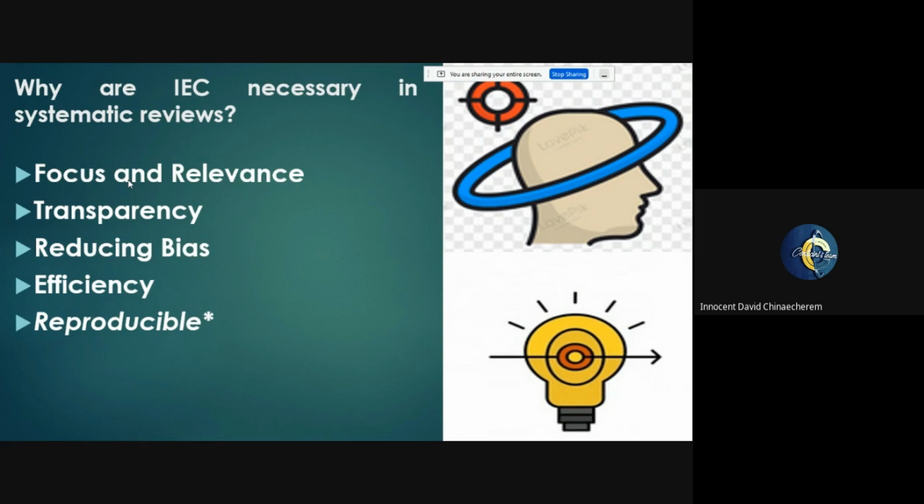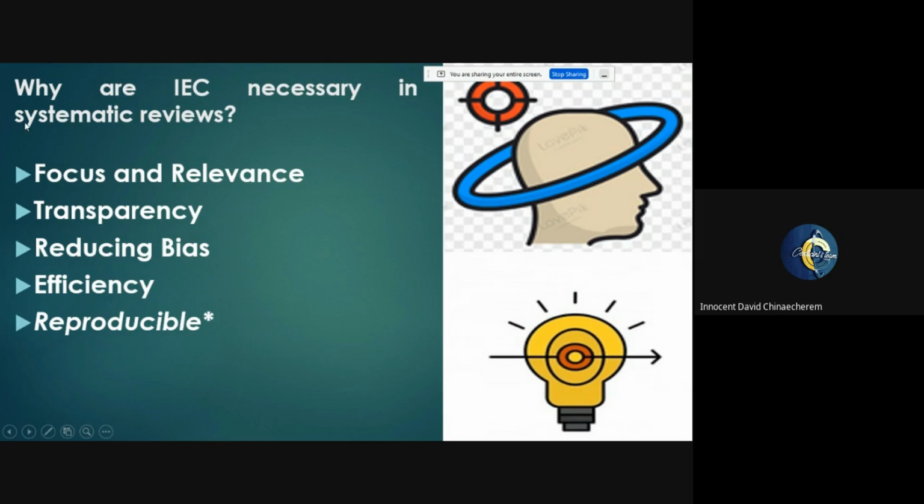And also transparency. Once we have our inclusion and exclusion criteria, it makes our research transparent, right? We can say this is exactly what we are looking at, and this is what is expected of us to exclude. So we wouldn't have to start including things that we didn't say at the beginning that we were going to include.